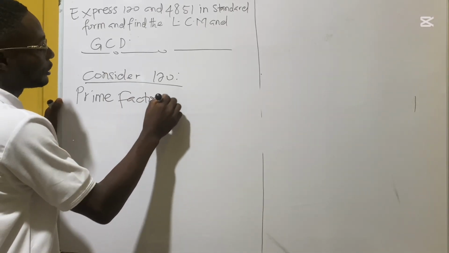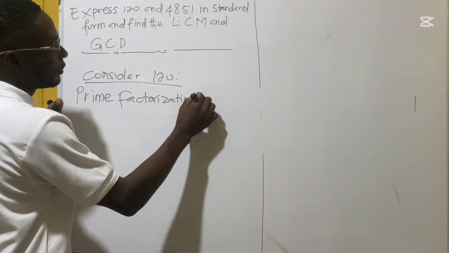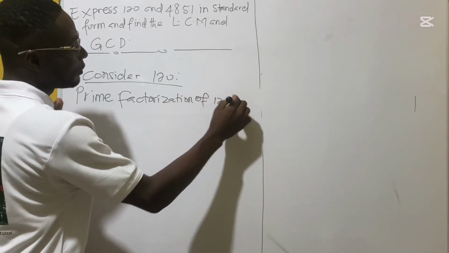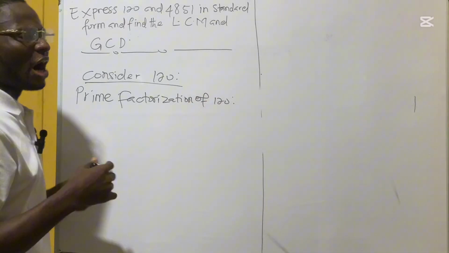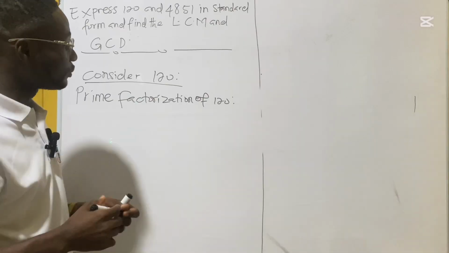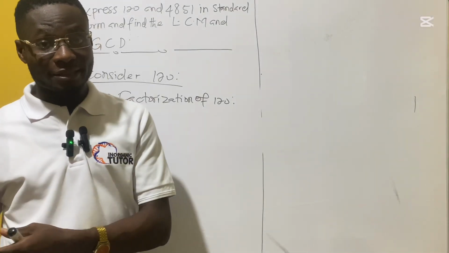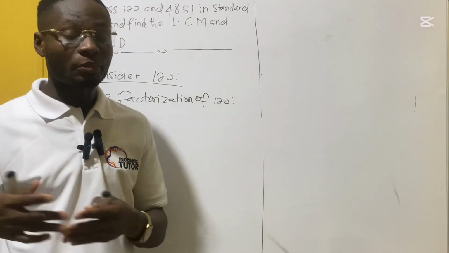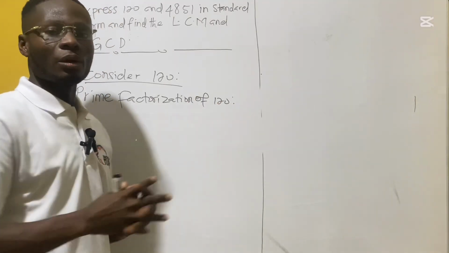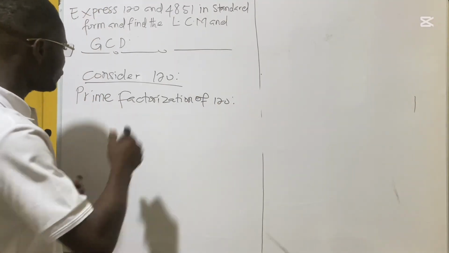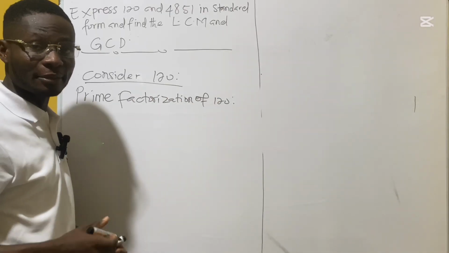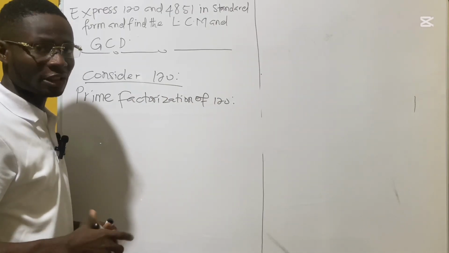How do we know the prime factorization of 120? You know that we are going to look for the prime numbers, the possible prime numbers that can divide 120. So let's start with the least prime number, and that is 2.